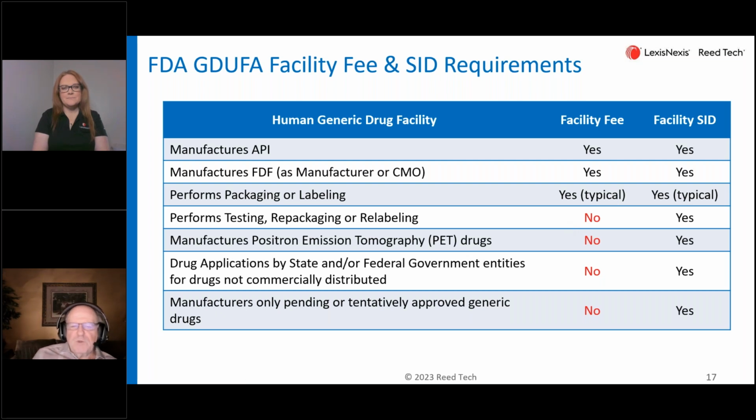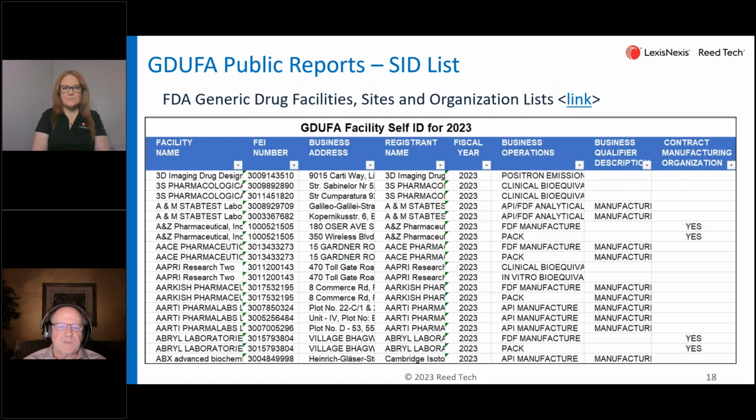Now, in the event that you do need to self-identify information about your facility, the FDA does keep a list, and this is the nice list. This is the list that you want to be on. This is all the facilities that have submitted their data.